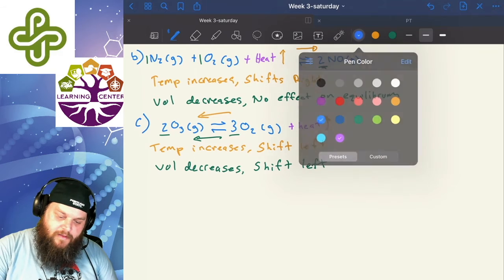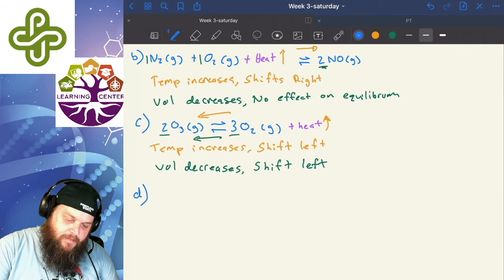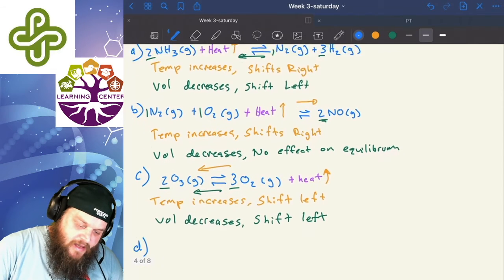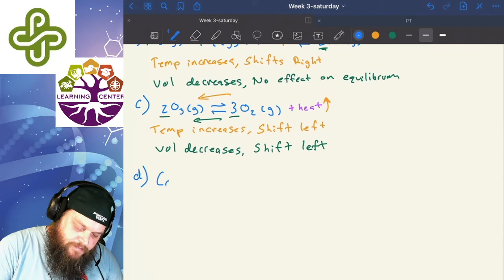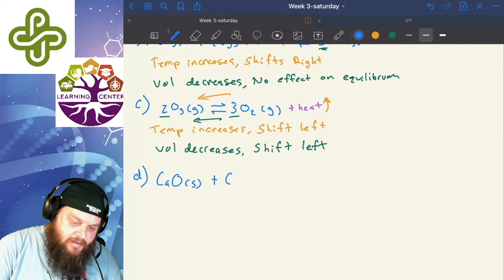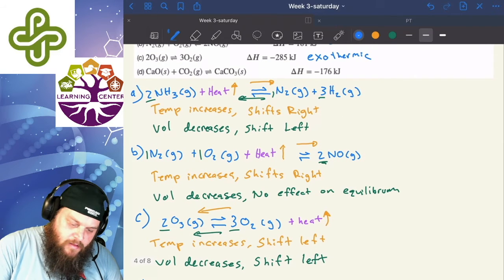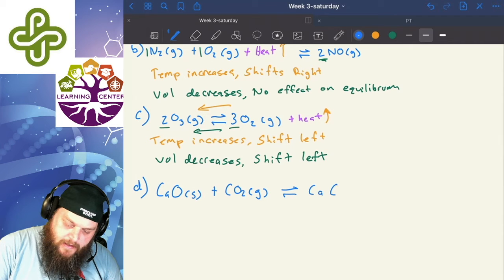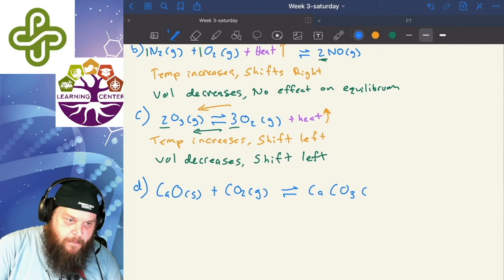Last one we have on this problem, part D. Let's see, that's calcium oxide, CaO, as a solid, plus CO2 gas is in equilibrium with calcium carbonate, CaCO3, which is a solid.